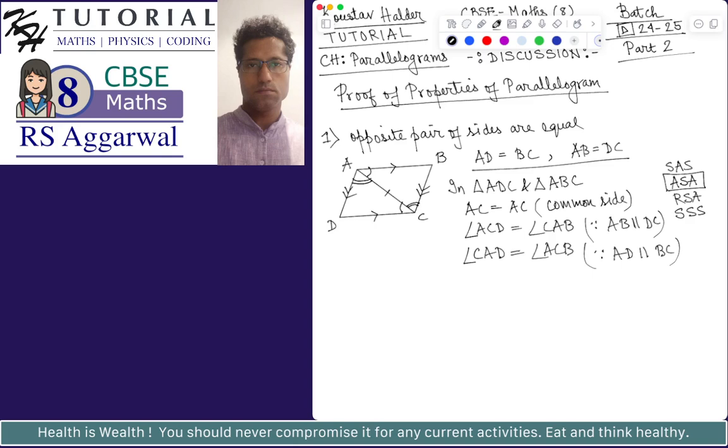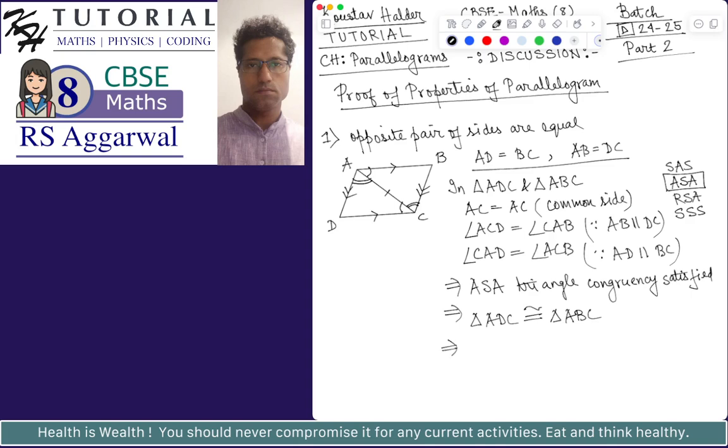So ASA triangle congruency is satisfied. This implies that triangle ADC is congruent to triangle ABC.